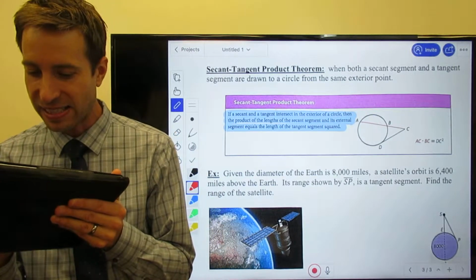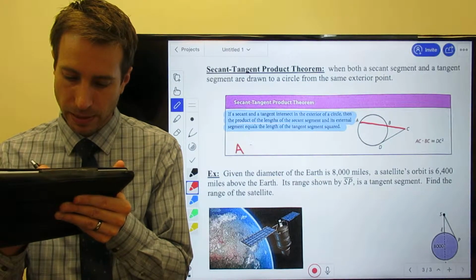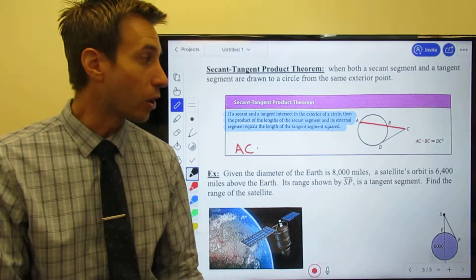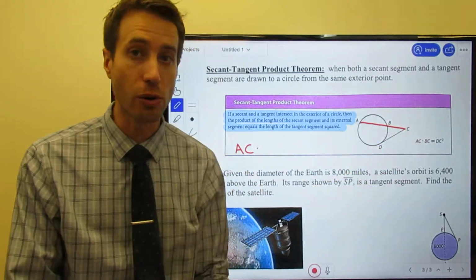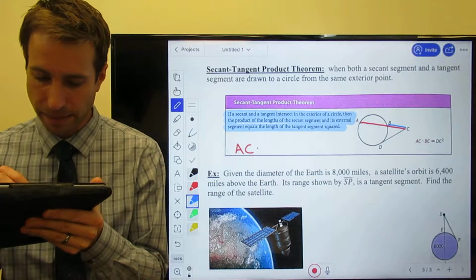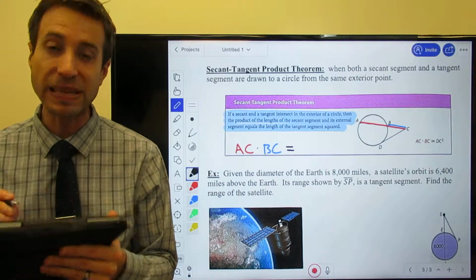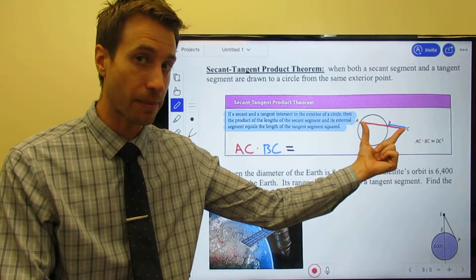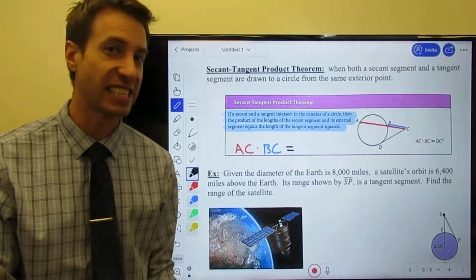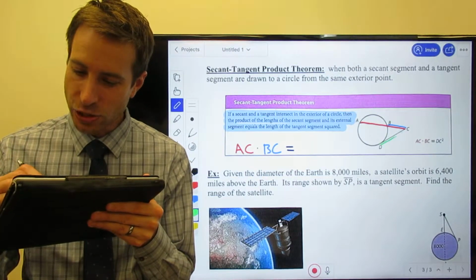First, I have a secant segment AC. That secant segment will also have an external secant segment BC. And all of that has to be equal. So my secant segment multiplied by my external secant segment, AC times BC, must be equal to my tangent.